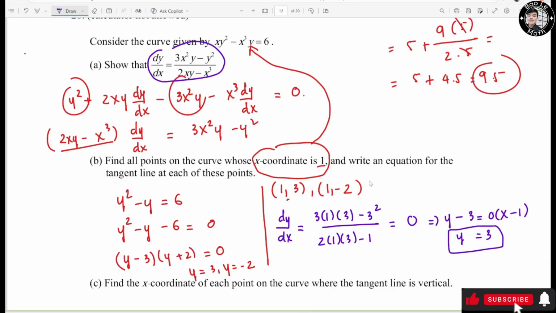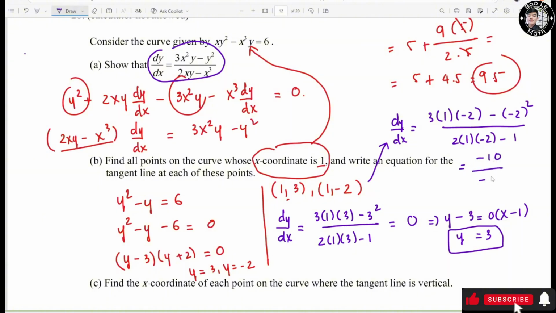Now second one right here, you have dy over ds, s equals 1, so you have 3 times 1, y equals negative 2, minus negative 2 squared, over 2 times 1 times negative 2 minus 1, right? So if you simplify this one, it's going to be negative 10 over negative 5 is going to be 2, right?